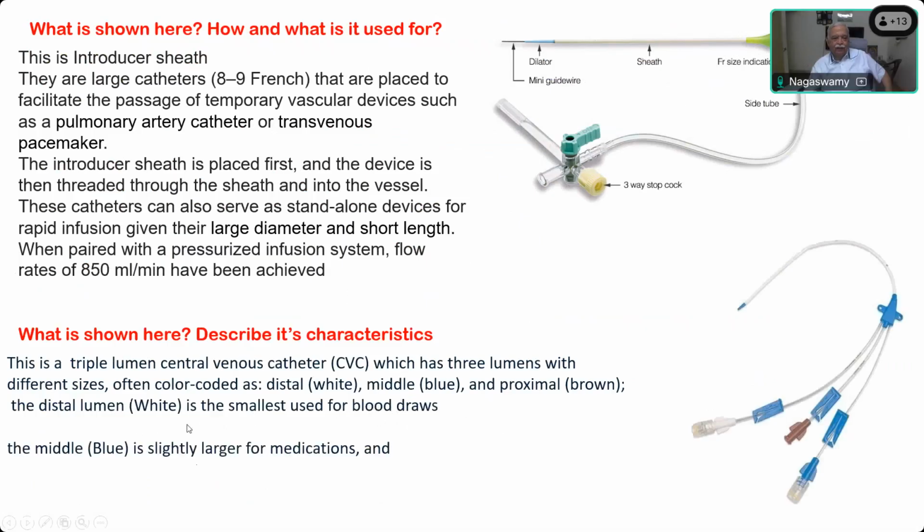Yes, sir. Middle blue is slightly larger for medications, whether it is vasopressor or other vasoconstrictor, whatever drug you want to give, you give it through the blue. And the proximal brown for large fluids and blood products. So brown is for the transfusion of blood products or fluids. Blue is for medications. White is simply for drawing blood samples whenever you want to take a blood sample for any analysis.